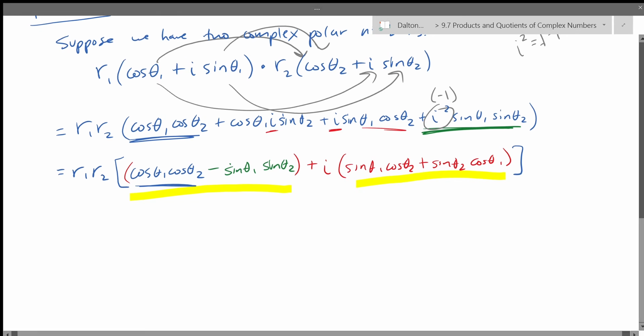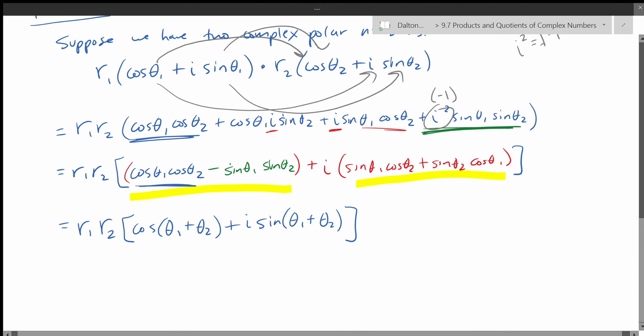So if we substitute that, we end up with R1, R2 times this first highlighted segment, which can be rewritten as the cosine of theta 1 plus theta 2 in parentheses, plus I times, actually we don't need parentheses anymore around the sine, I times sine of theta sub 1 plus theta sub 2.